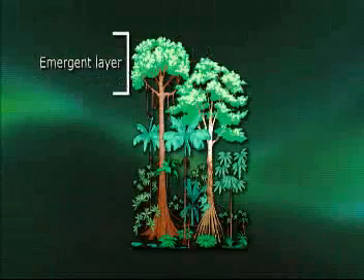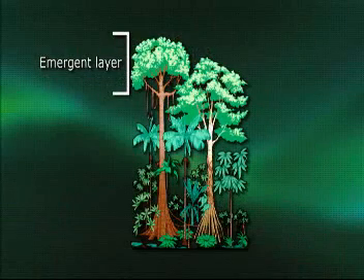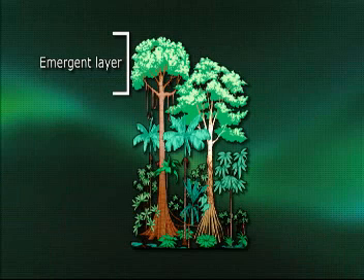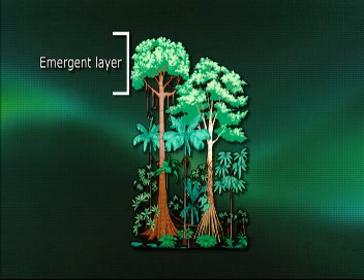Tropical rainforests are divided into 5 different layers, each with different plants and animals that are adapted for life in that particular area. The emergent layer is the top layer of the rainforest. It contains a small number of very large trees, reaching heights of 45 to 55 meters high.